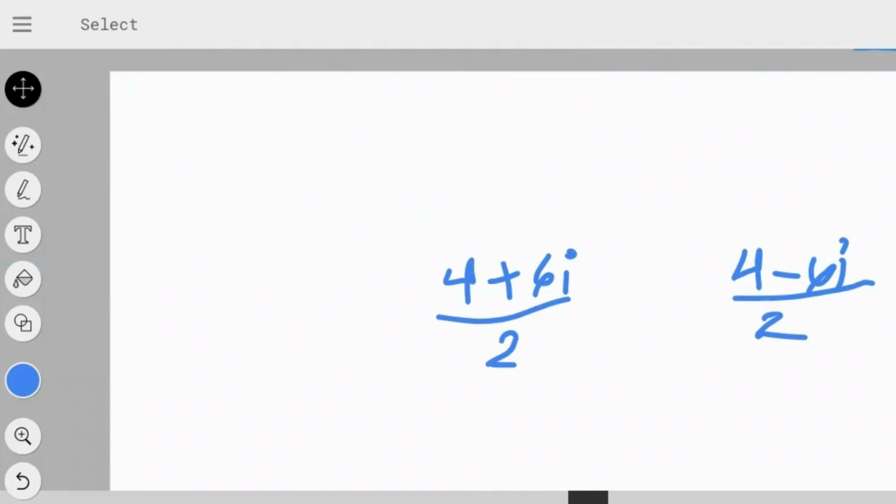Now that we have that all finished, you can now start solving for this. So I guess you could do 4 over 2, and then we'll do the plus one first. Two, and then 6i over 2.